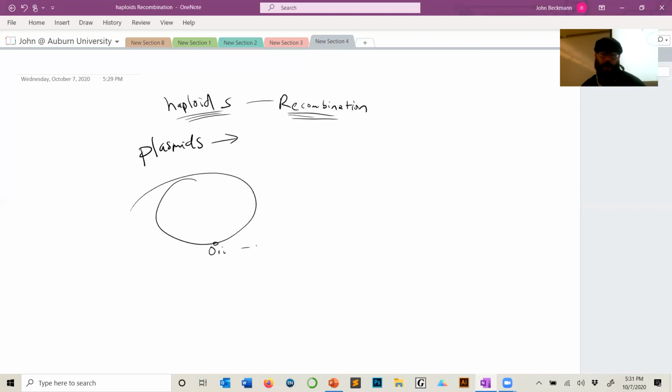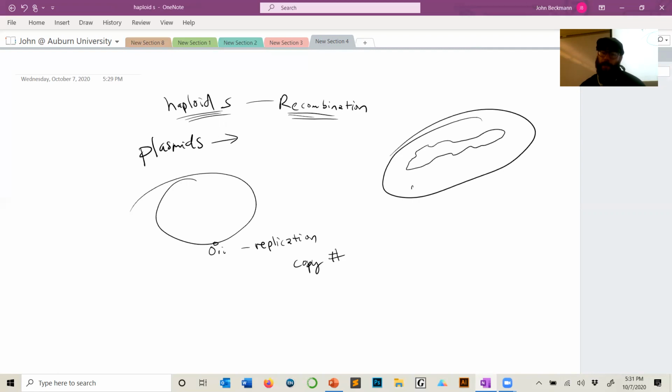Yeah, it's where replication starts, because the origin site recruits the DNA polymerase, and the origin codes for copy number of plasmids. So a bacteria might have one chromosome, but it might have 60 or 600 copies of an important plasmid.